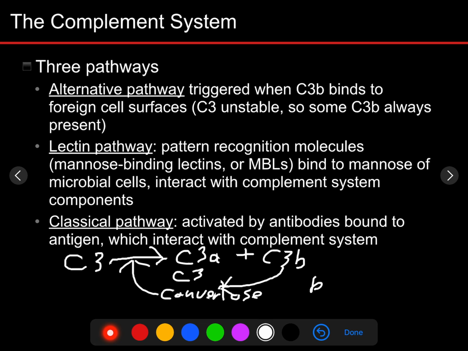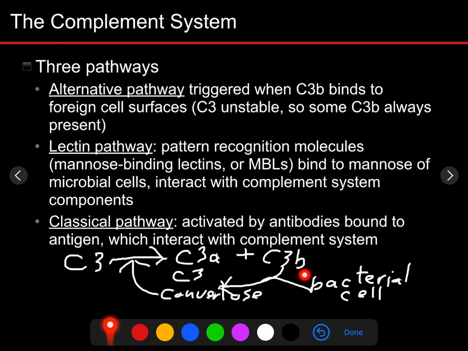C3b can only turn into C3 convertase if it embeds in the membrane of a bacterial cell. So you always have a little bit of C3b just naturally floating around in your blood because C3 will sometimes just split randomly.